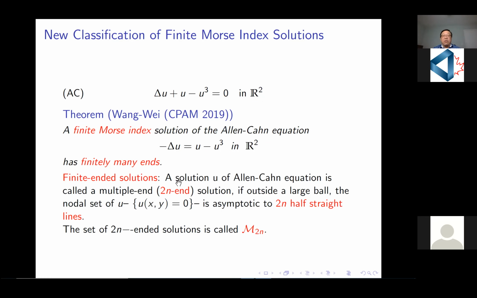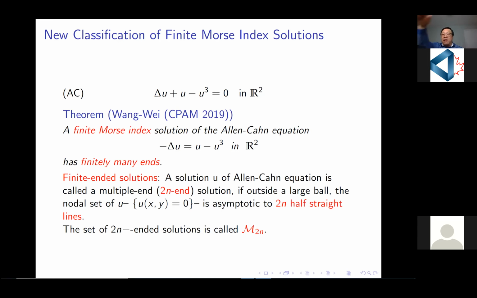A solution u of the Allen-Cahn equation is called a multiple-end or finite-end solution if, outside a big ball, where in the compact set we don't know anything about the solution, the nodal set, the set where u equals 0, is asymptotically like some half lines, straight lines.